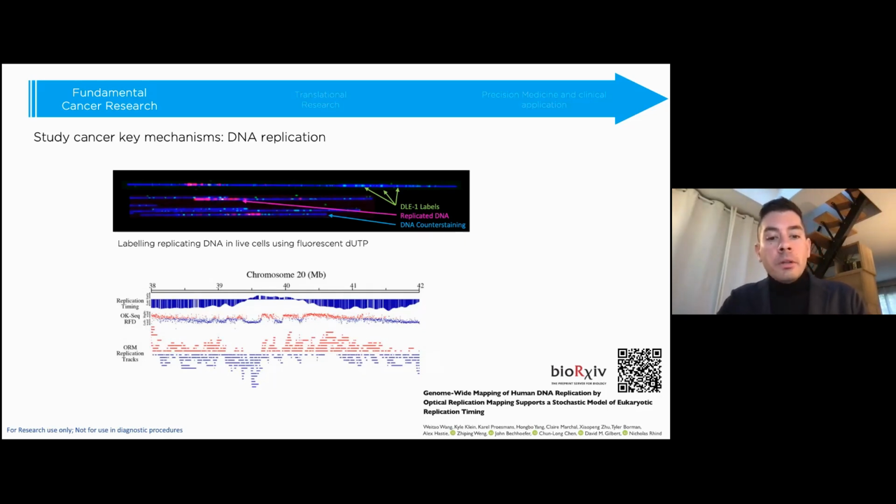And this can be done by incorporating fluorescent nucleotides in live cells to label replicating DNA on top of the DLE-1 labeling pattern that we apply on the genome, to map replication fork progression genome-wide. And here, this has been used to measure the replication timing on chromosome 20, as you can see in this figure.